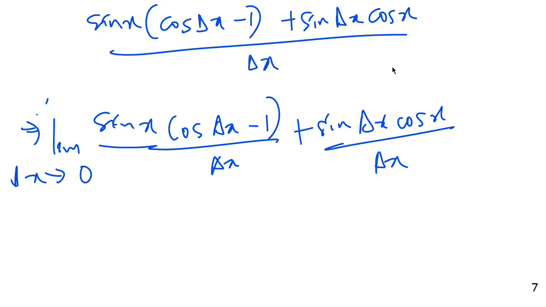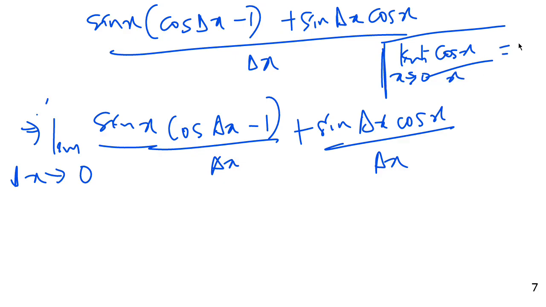Remember, if you watched my videos on limits part 2, I said that the limit as x tends to 0 of (1 minus cos x) over x is 0, while the limit as x tends to 0 of sin x over x is 1. That's the same thing we apply here.